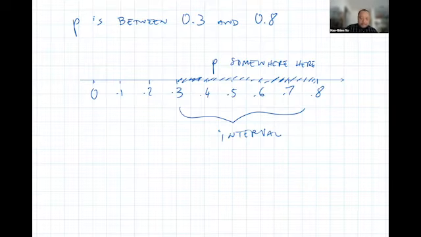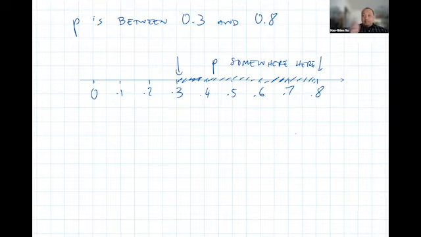Now, here's 0.3, here's 0.8, and p somewhere in there, then that means p is greater than 0.3, or 0.3 is less than p. Now, looking on this end, we see that p is less than 0.8.